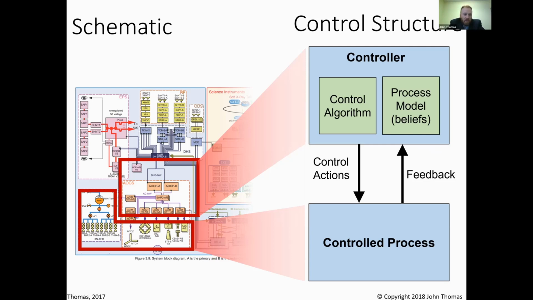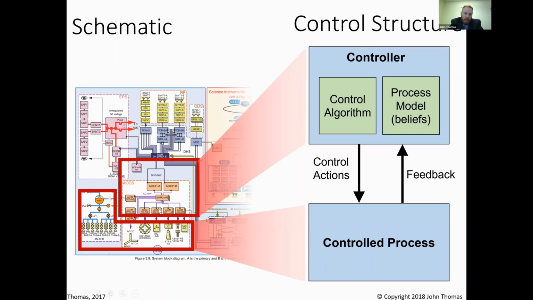Those are kind of the actuators. And the red box up on top of that group is essentially the decision makers. We'd call this an abstract controller, even though there are multiple units inside. But together as a group, they're making decisions and they're providing control actions to try to affect and control those processes at the bottom.